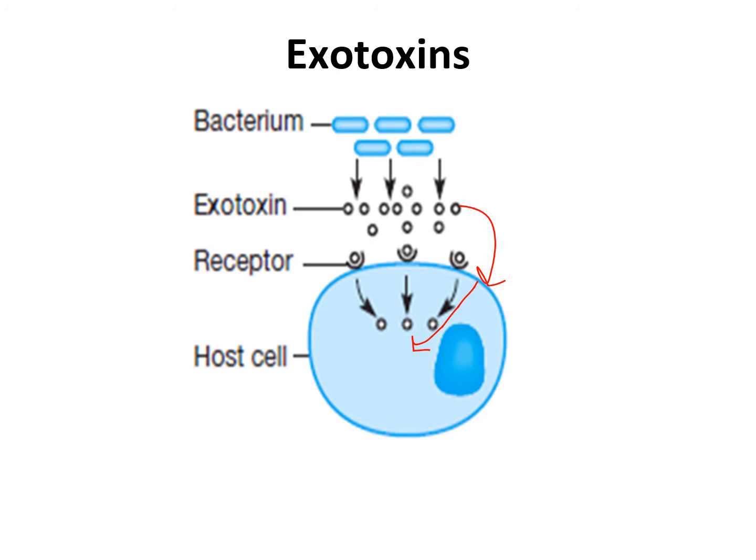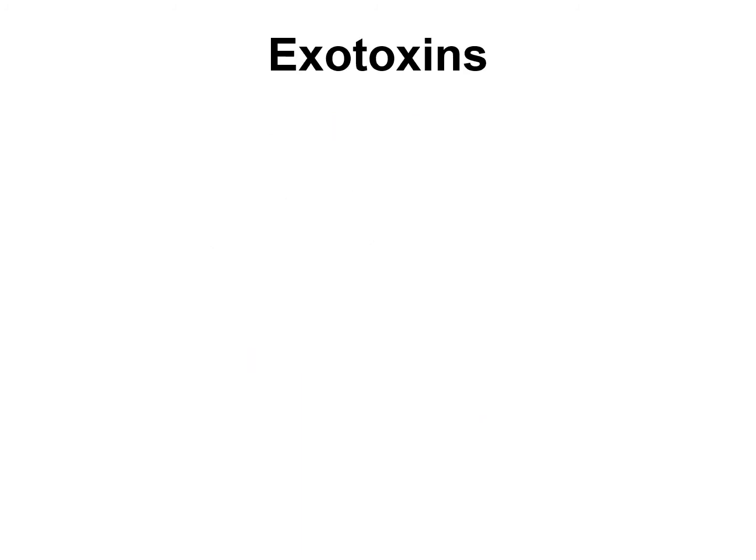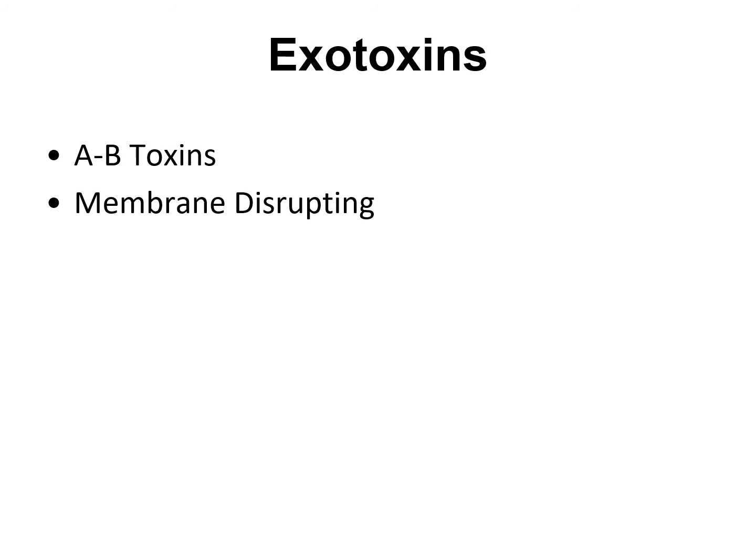While there are hundreds of exotoxins, they tend to fall into 3 different groups depending on their effect on the cells. First group are the AB toxins. Second are the membrane disrupting toxins. And third are the super antigens.